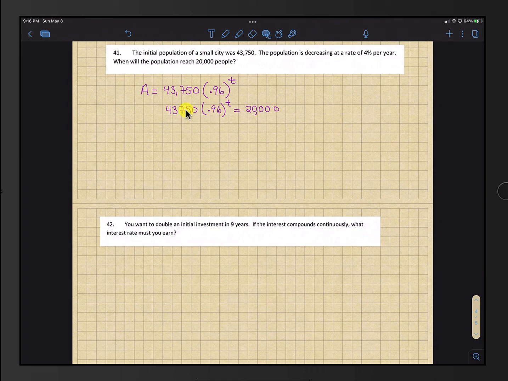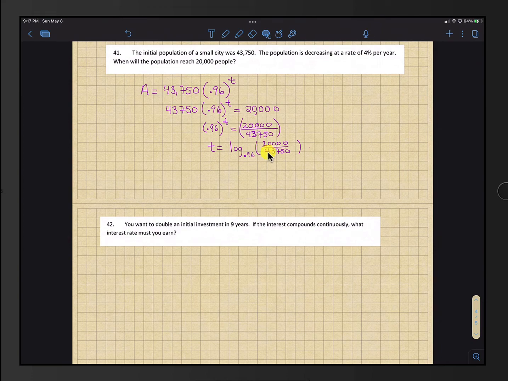Now let's divide by 43,750 on both sides, and we have this fraction. So 0.96 raised to the power of t is equal to this fraction. Let's convert it into log form, and that would be log base 0.96 of this fraction is equal to t.